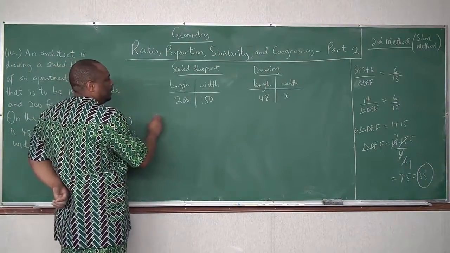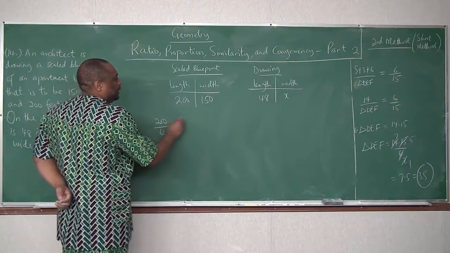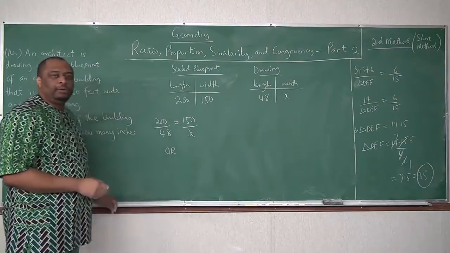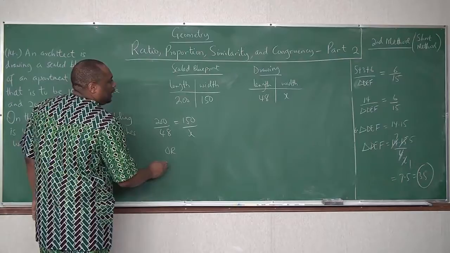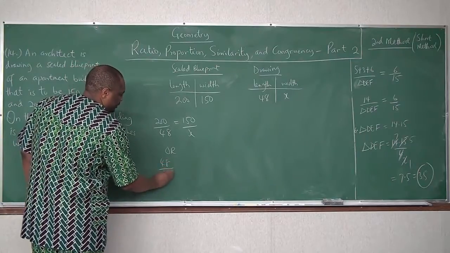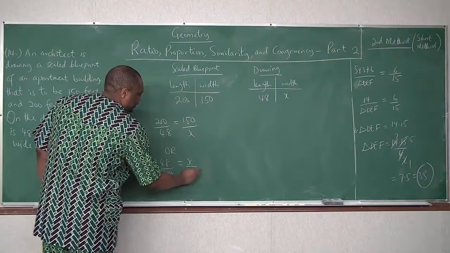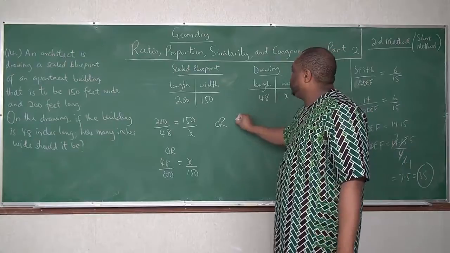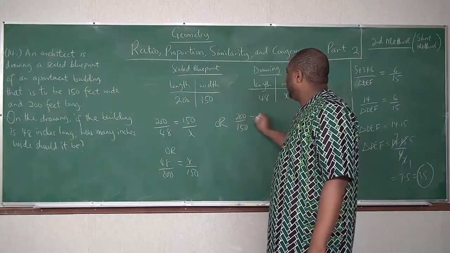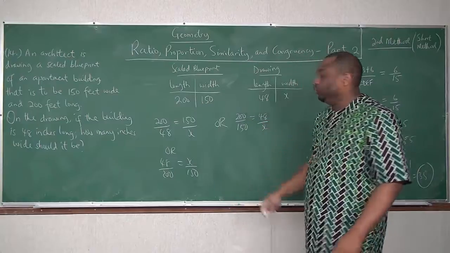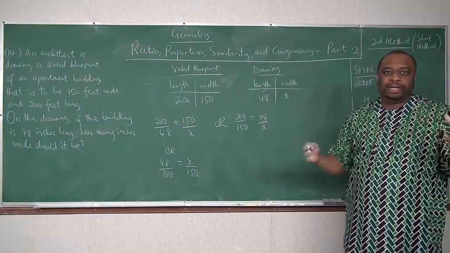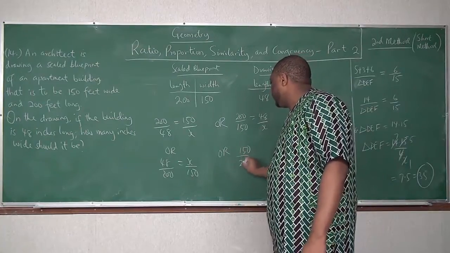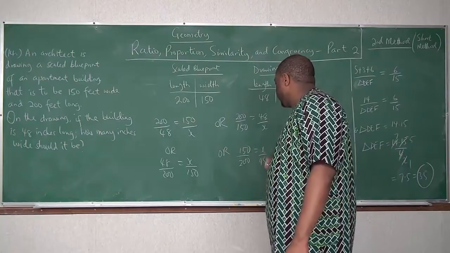You can write 200 over 48 equal to 150 over x, or 48 over 200 equal to x over 150, or 200 over 150 equal to 48 over x, or 150 over 200 equal to x over 48.